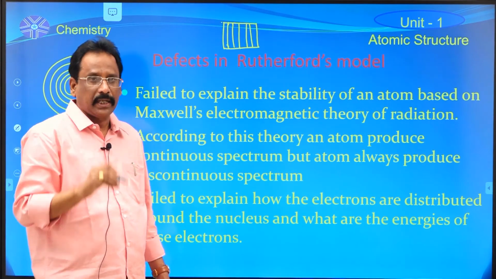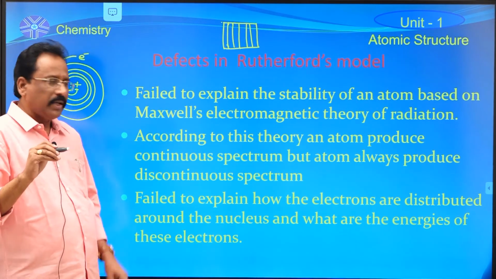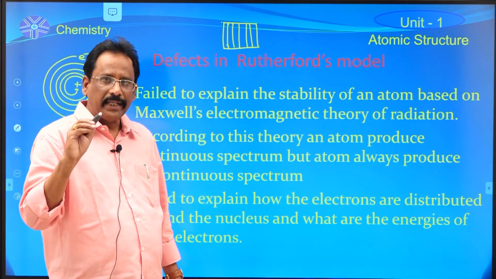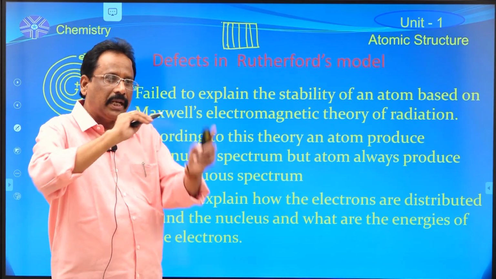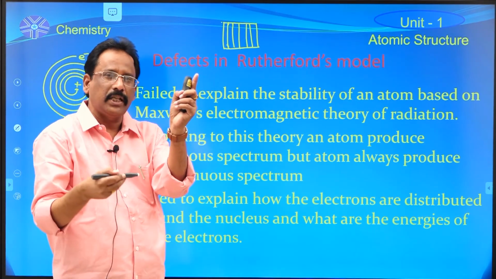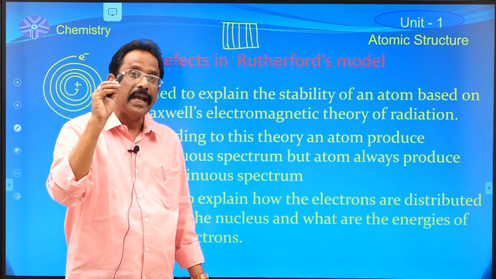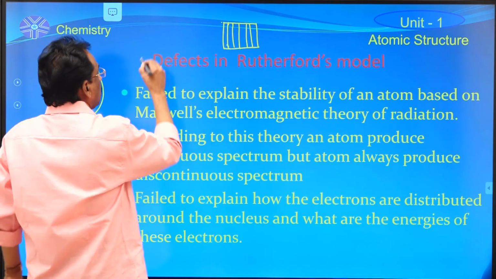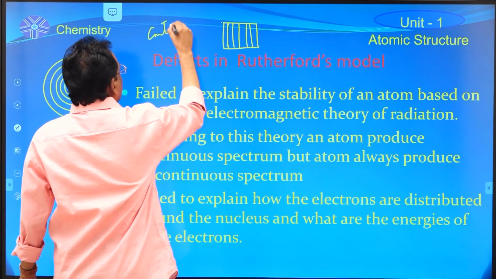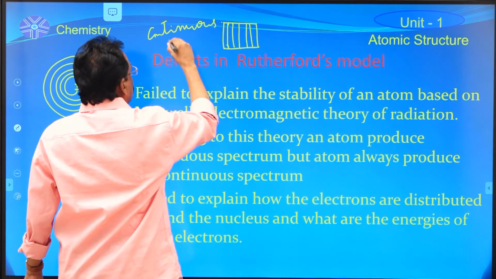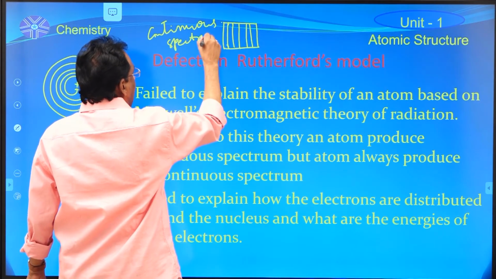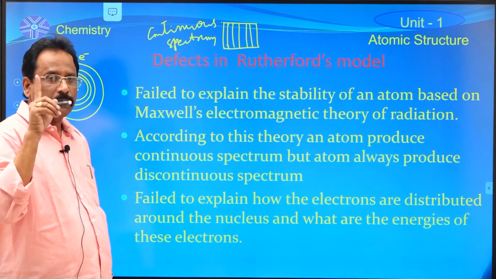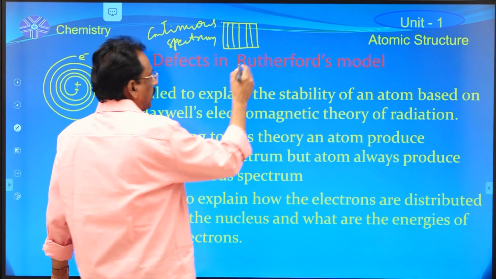The major fault in Rutherford's atomic model is based on Maxwell's electromagnetic theory of radiation. If the electron loses energy continuously, the spectrum formed by the atom is a continuous spectrum. This is the representation of the continuous spectrum. But atoms always produce, remember that, atoms always produce discontinuous spectra.